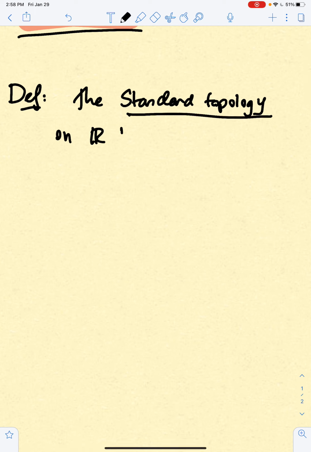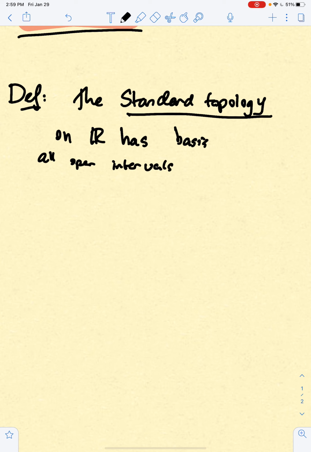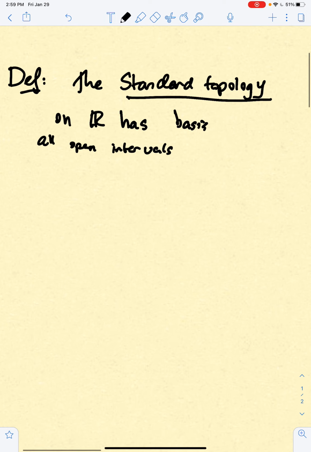It has, as a basis, or one of its bases, all open intervals. And, well, the name open is kind of suggestive. You may have learned this before in a different class, but these are all intervals of the form (a, b), where a and b are real numbers.